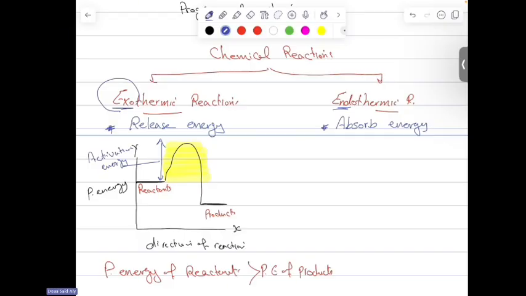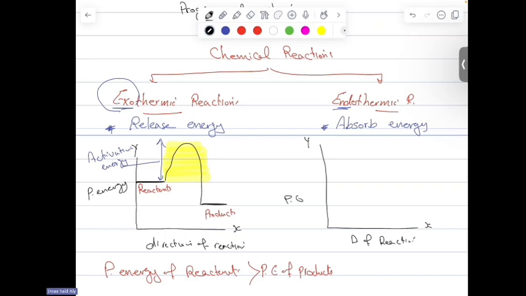What about the endothermic? How can we represent the endothermic chemical reaction using a graph? I will use the same. Miss, it is the opposite. It's the opposite, yes. So this is the x-axis and this one the y-axis. Again here, direction of reaction, and here the potential energy.